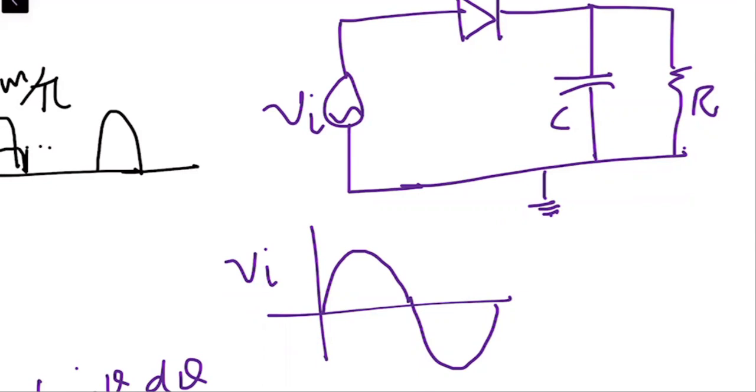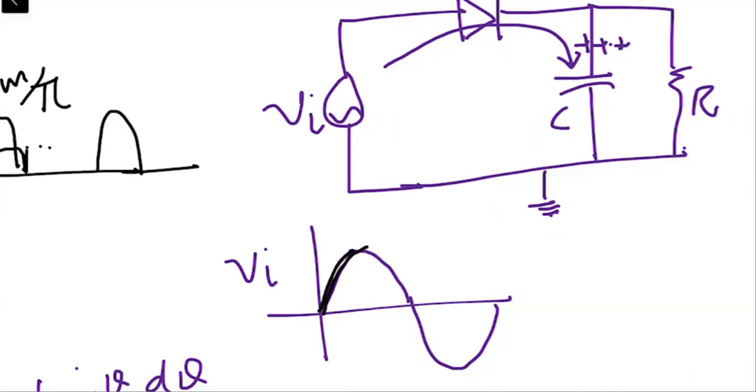As the value is rising, the capacitor is charging in this direction. This means this end is charging with the positive charge, right? The capacitor is charging as long as the input value is increasing.